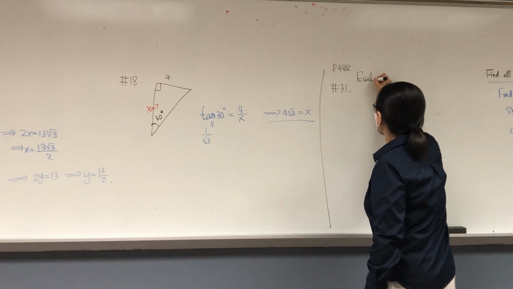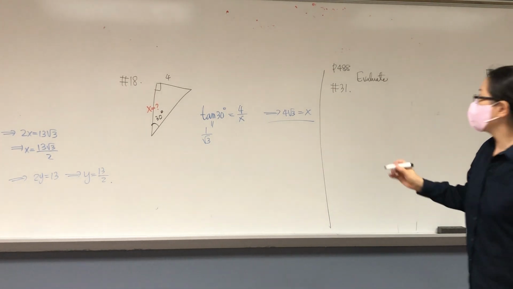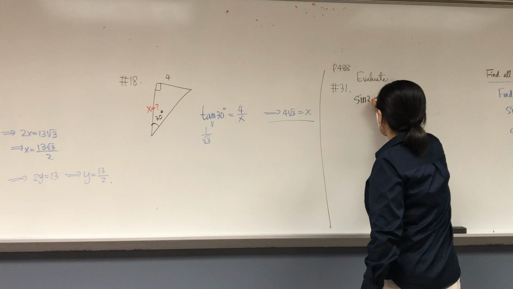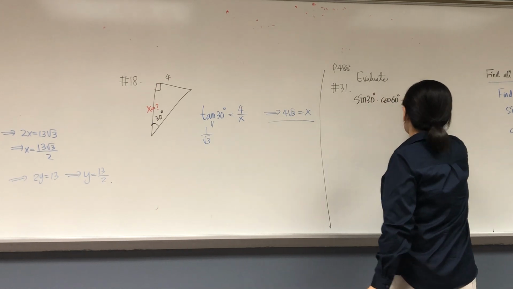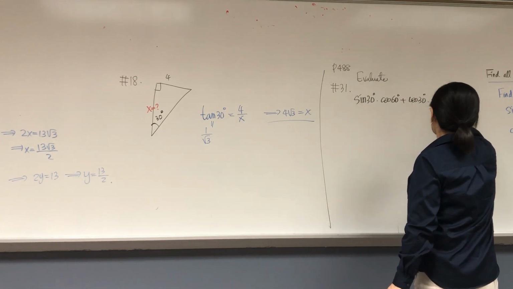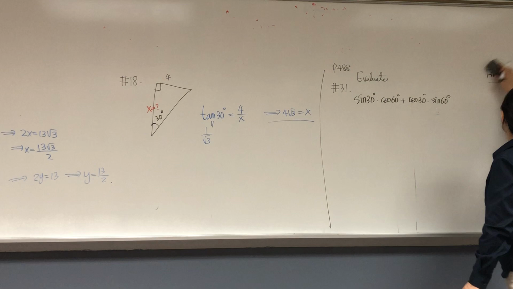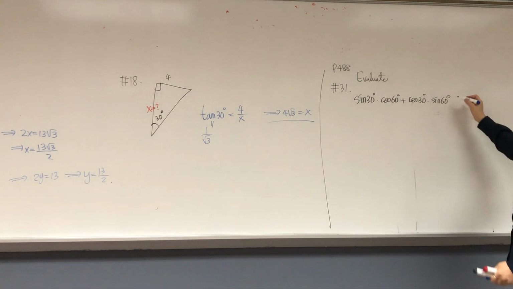Evaluate. Sine 30 times cosine 60 plus cosine 30 times sine 60. What is it? Substitute all the special values, right?